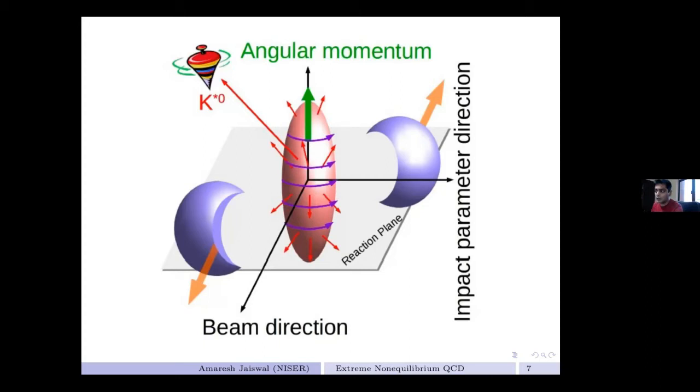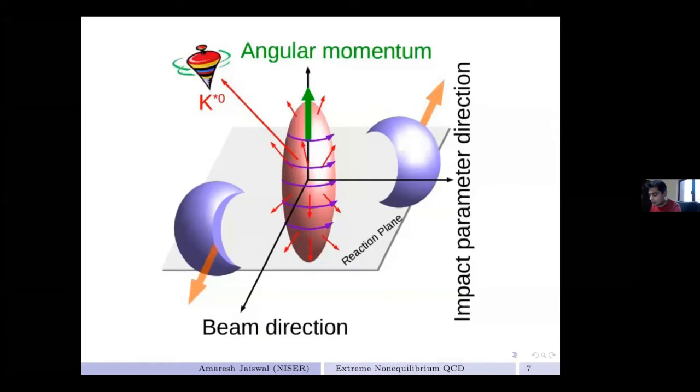Therefore, what is left in the center, in the overlap zone, has a large amount of angular momentum. A rough estimate tells us that it's of the order of 10 to the power 5 h bar, which is quite huge.